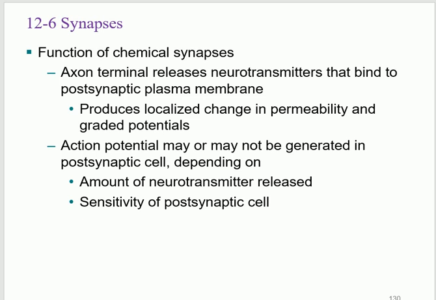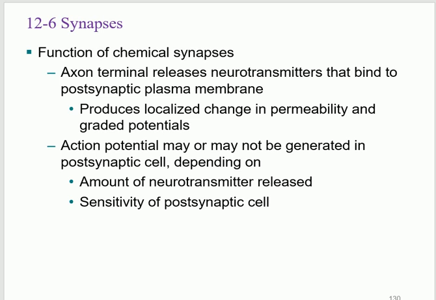Now, isn't it different when a few acetylcholine molecules are released, cross the gap, interact with the receptors, opening the gates for sodium, as compared to a lot of acetylcholine released, opening more gates? So this will result in different responses depending on the amount of neurotransmitter and the sensitivity of the postsynapse.